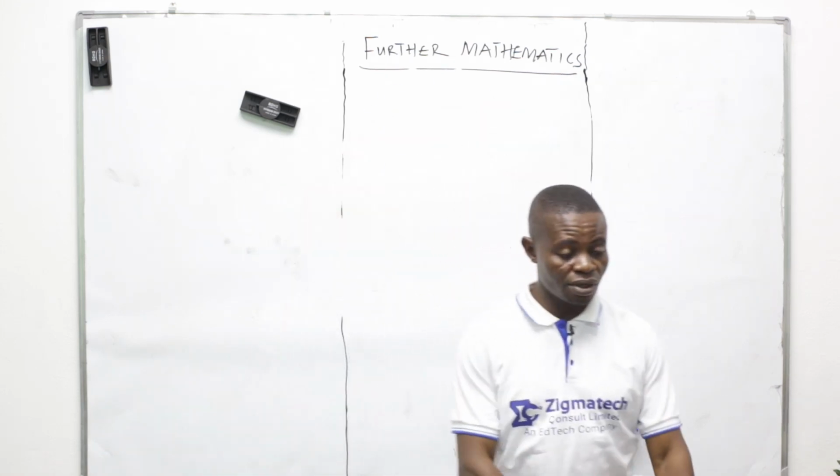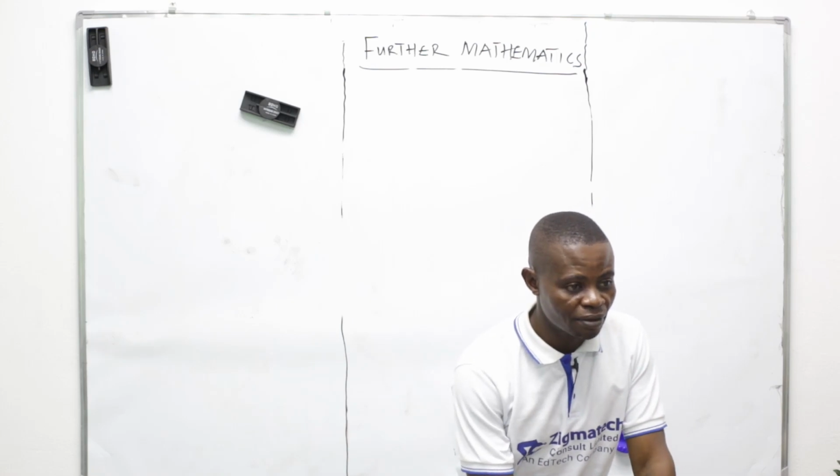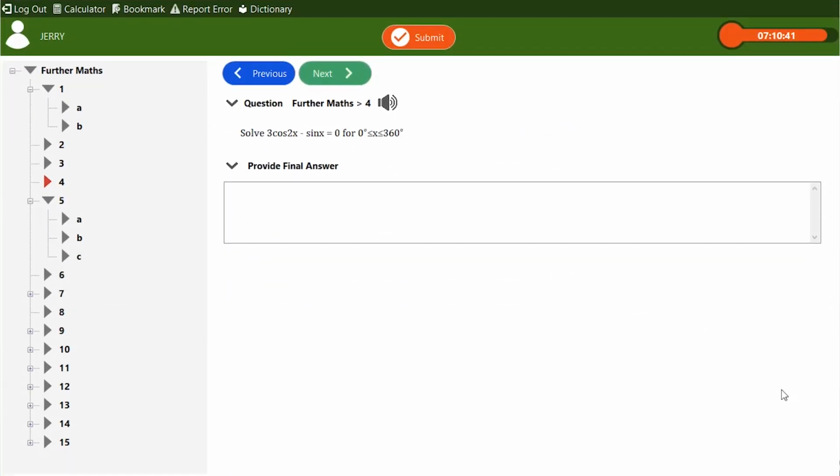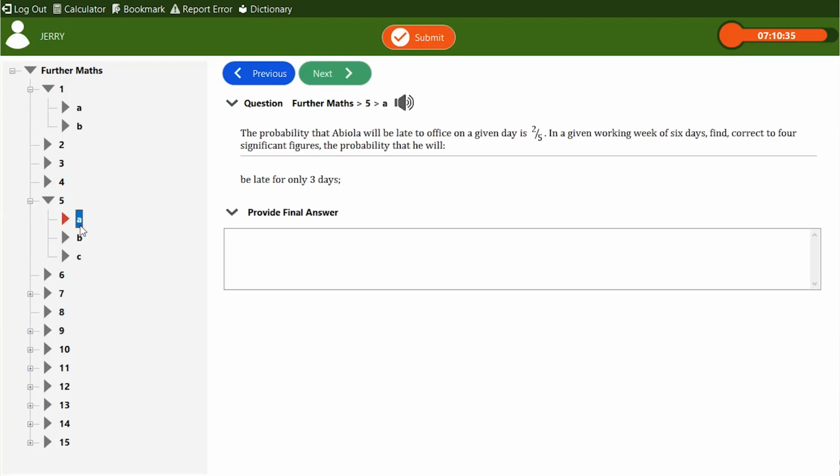Okay, next question, question number 5. We have A. The probability that Abiola will be late to office on a given day is 2/5. In a given working week of 6 days, find correct to 4 significant figures the probability that he will be late for only 3 days.